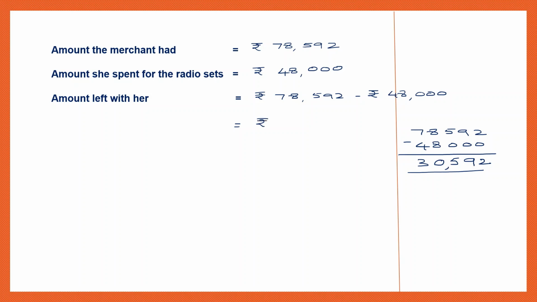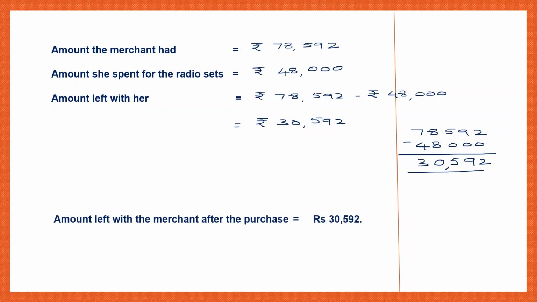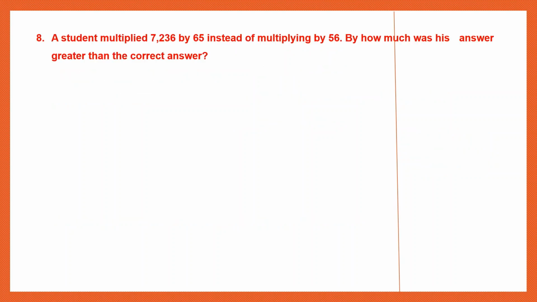So rupees 30,592 is the amount that is left with her. This is the amount 30,592 that is left with her. Amount left with the merchant after the purchase is rupees 30,592.